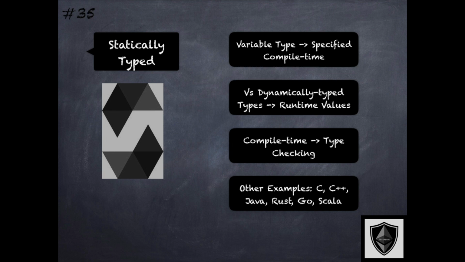Many of the programming languages that you may be familiar with, such as C, C++, Java, Rust, Go, Scala, are statically typed languages. So from a security perspective, type checking really is a critical part and helps in improving the security of contracts written in Solidity.